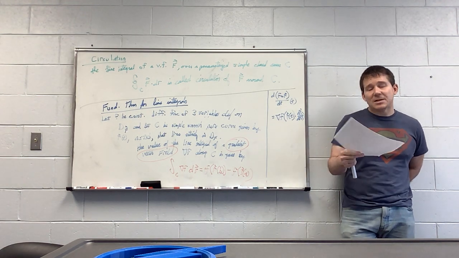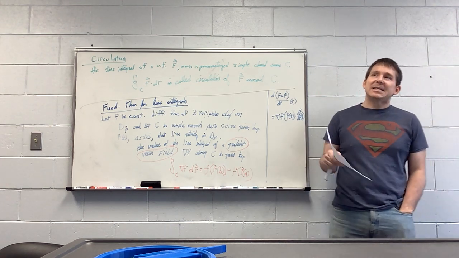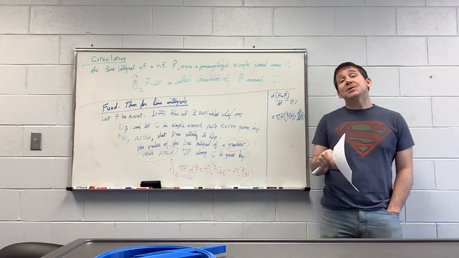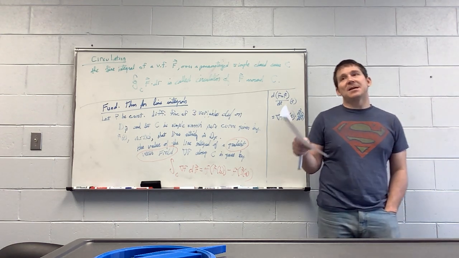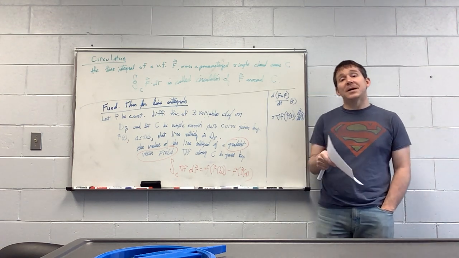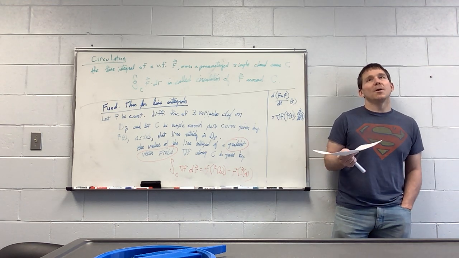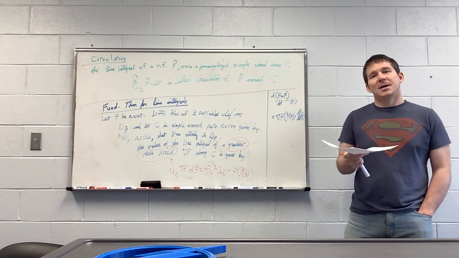But I still don't actually know what a gradient or conservative vector field is, or at least I don't know how to calculate them yet. I understand the concept. A gradient vector field means that my vector field is the gradient of some vector valued function. But I don't actually know for an arbitrary vector field if it's conservative or not.